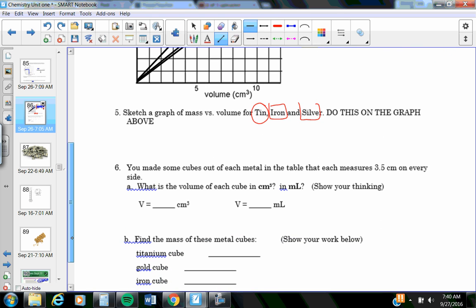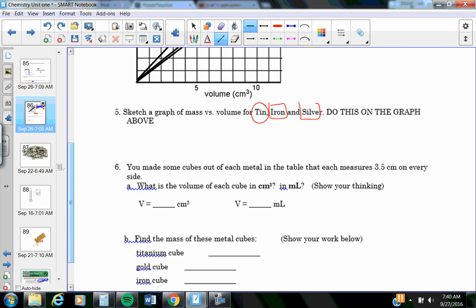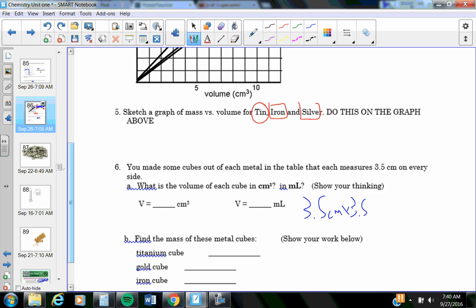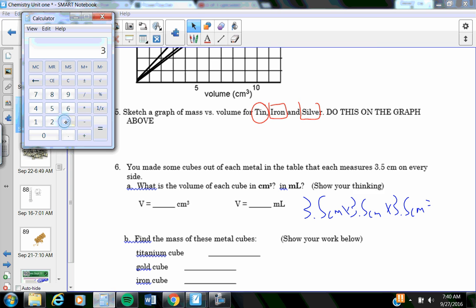What if you made some cubes out of some metal that is 3.5 centimeters by 3.5 centimeters by 3.5 centimeters? What would its volume be? 3.5, not times 3, but cubed. So 3.5 times 3.5 times 3.5 equals 42.9, if I round.